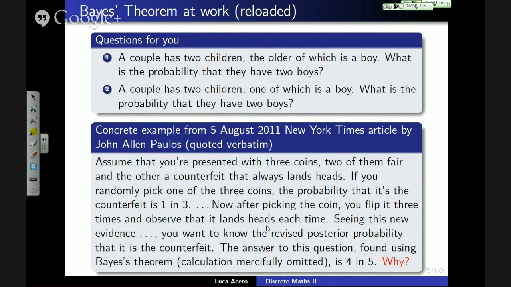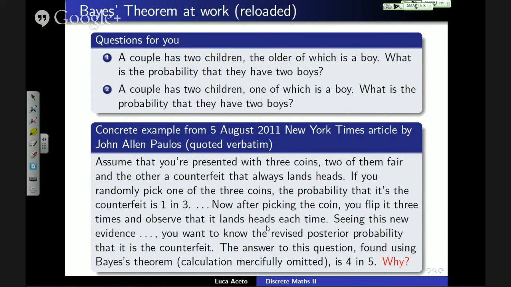Now, before you actually threw the coin 3 times, what is the probability that you would assign to the event, I picked the counterfeit coin? Well, you had 3 possibilities. You pick one at random. The probability is 1/3. But now you flipped it 3 times, and you get head, head, head.